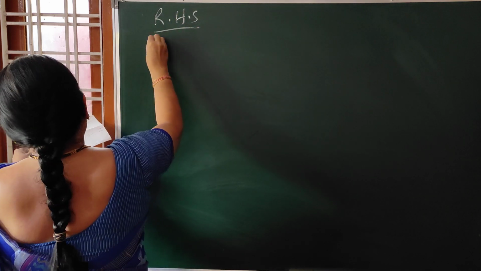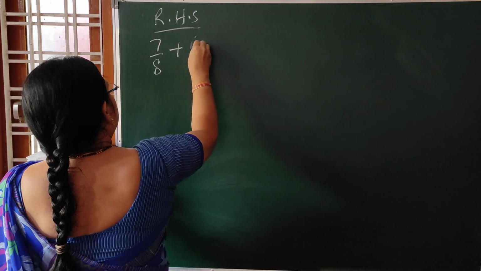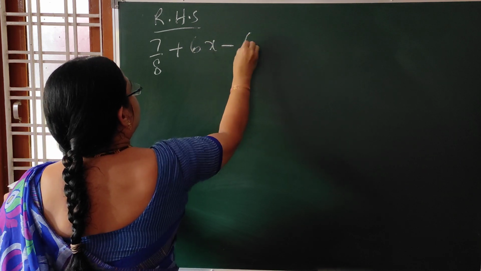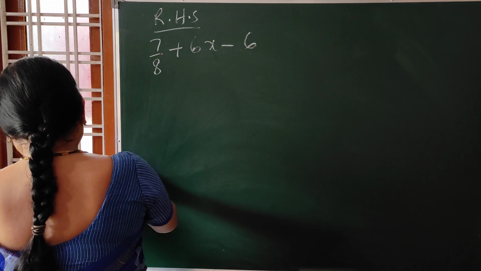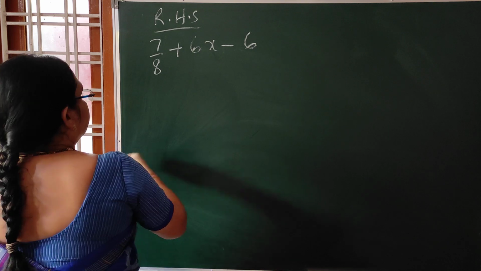So RHS, what is given? RHS 7 by 8 plus 6x minus 6.